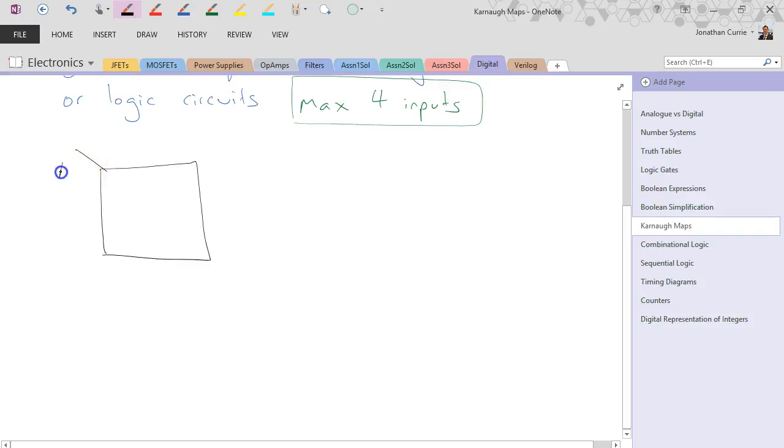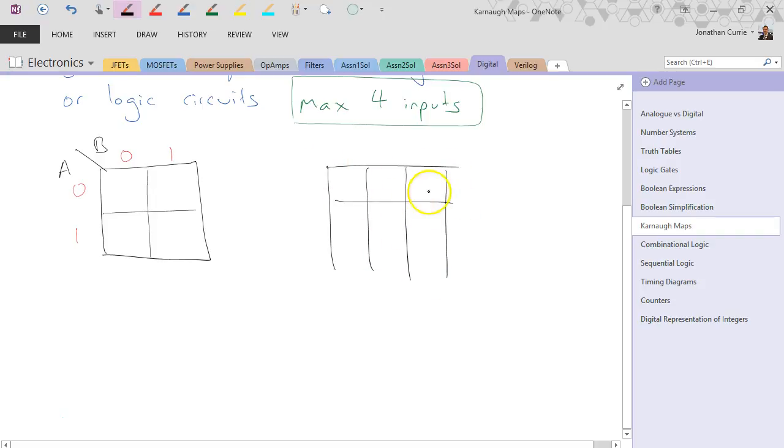So a Karnaugh map for a 2-variable system would look something like that, right? Not very complicated, and you would fill in the contents of it from the truth table.